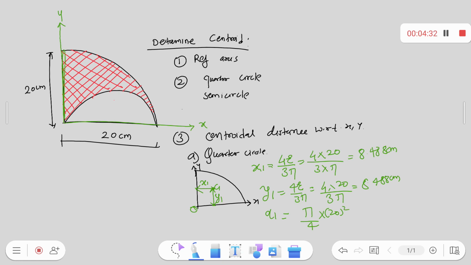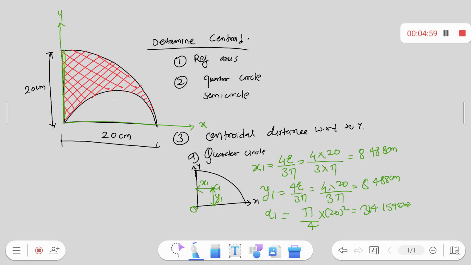So the area is pi r square by 4, which comes to 314.1596 centimeter square. This is about the quarter circle.